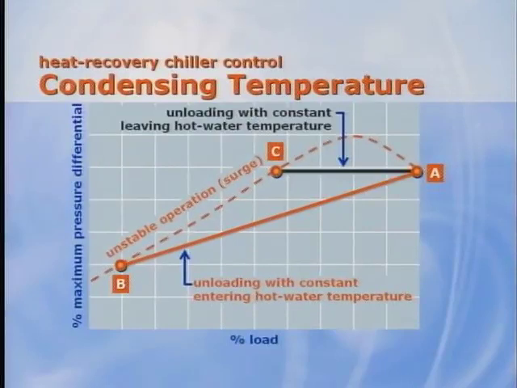By allowing the leaving heat recovery temperature to float, you give the chiller some lift reduction and allow it to unload more successfully. Now this seems counterintuitive for a heat recovery chiller's application. For example, if you specify a certain leaving hot water temperature of 110 degrees, you want 110 degrees. But remember, as the name implies, that this is a heat recovery chiller.